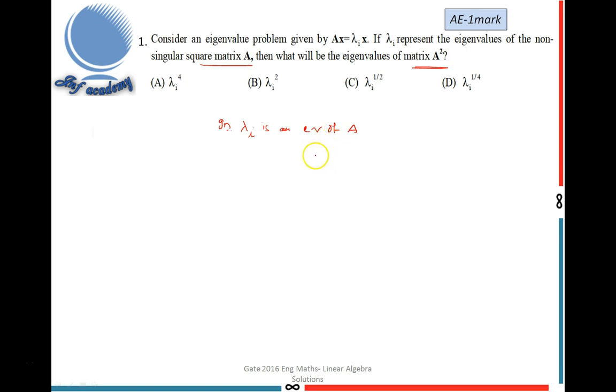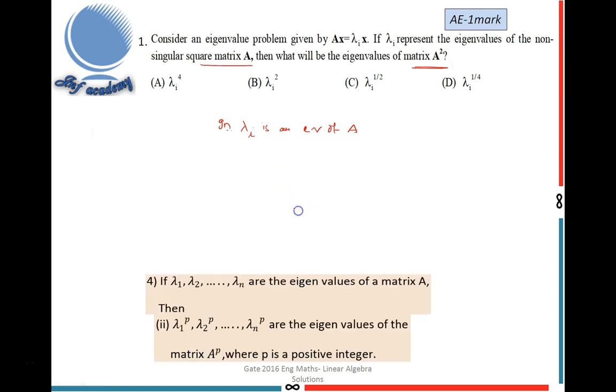Here I use one property, an eigenvalue property. You can see that property in the slide. The property is: if lambda 1, lambda 2, etc., lambda n are the eigenvalues of a matrix A, then lambda 1 power p, lambda 2 power p, etc., lambda n power p are the eigenvalues of the matrix A power p, where p is a positive integer.